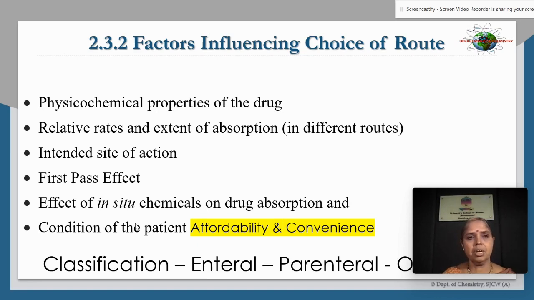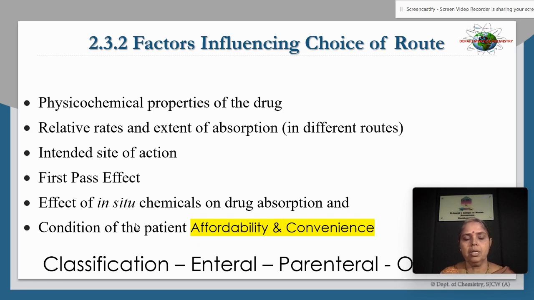You can realize now drug can be swallowed, drug can be applied in the form of a paste or a cream, drug can be injected. These are the popular routes, but there are also several other routes through which drug can be introduced into the body.